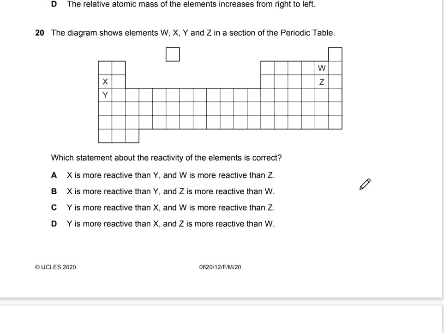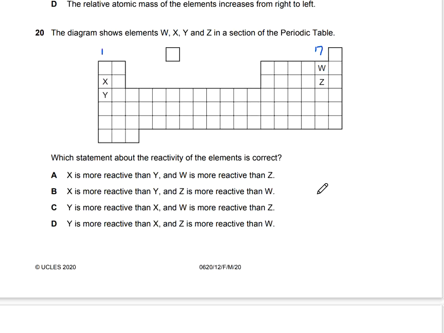The diagram shows elements W, X, Y, and Z in a section of the periodic table. So we have group 1, the alkali metal group, and we have group 17. Both are very reactive groups.